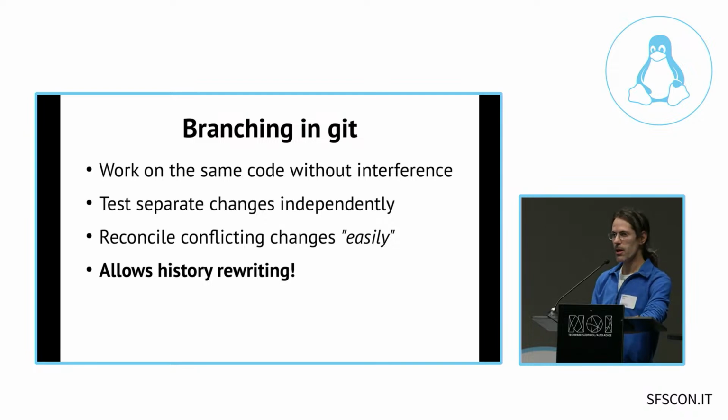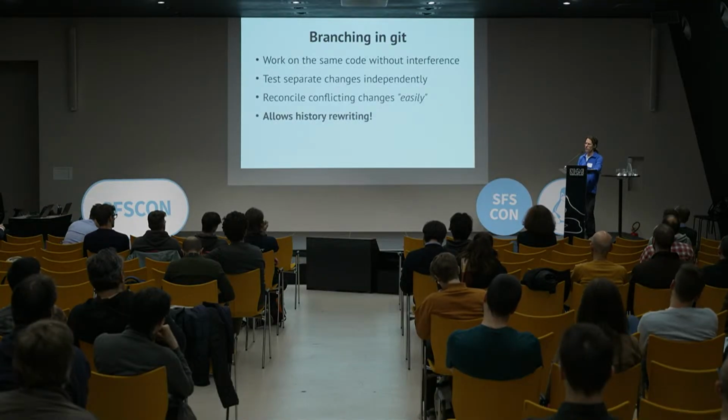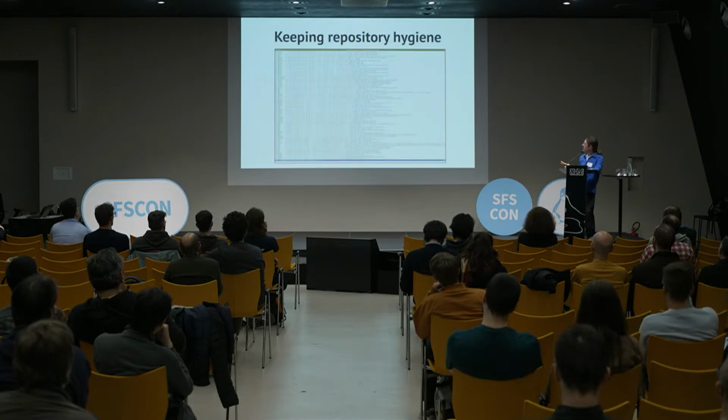So one of the biggest features, perhaps, in Git is actually the ability to rewrite history, which initially was considered maybe a drawback, but it's so popular nowadays that it has become a tool in our favor. And one of the reasons why we want history rewriting is essentially to avoid something like this.